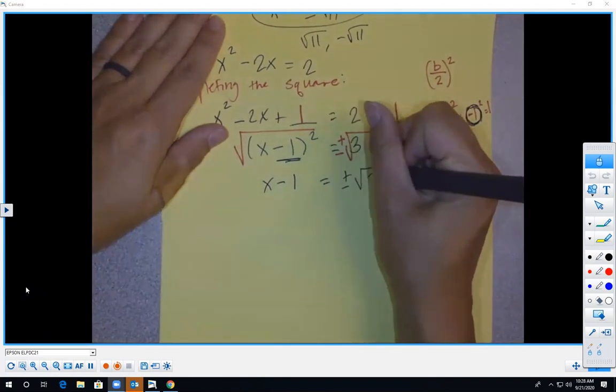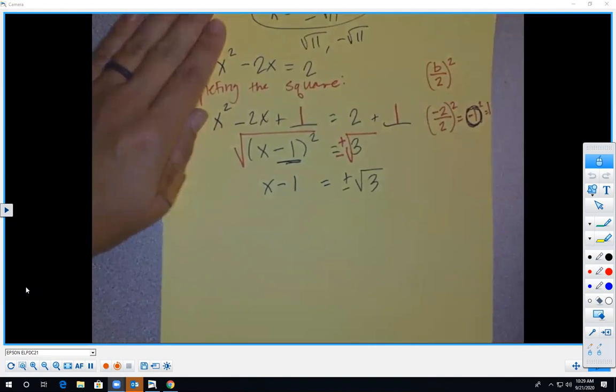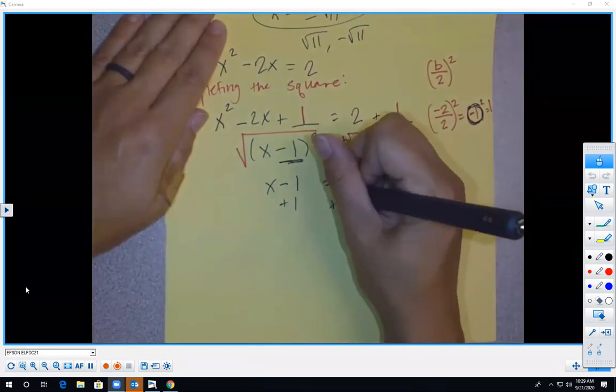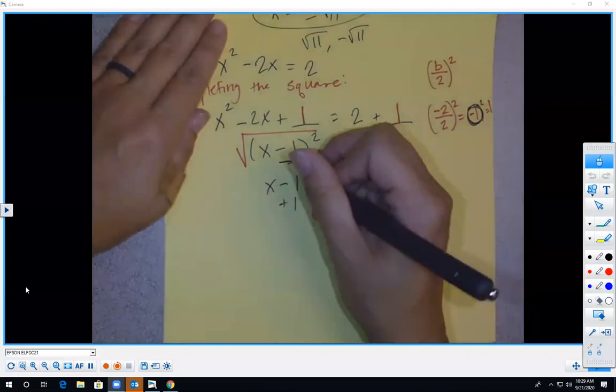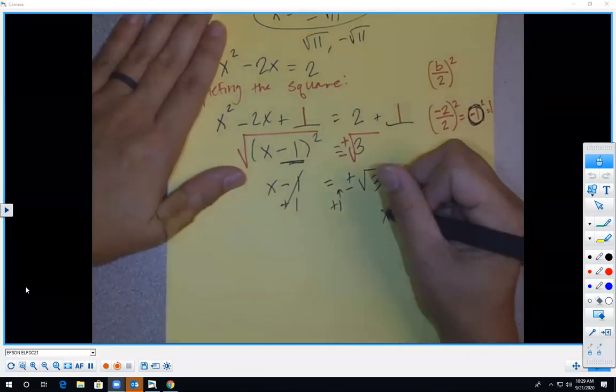Can I take the square root of 3? No. Can I break it down? No, it's just plus or minus the square root of 3. How do you solve for x now? Add 1 to both sides. And when you add 1, stick it up in front of the plus or minus. So I get x equals 1 plus or minus the square root of 3.